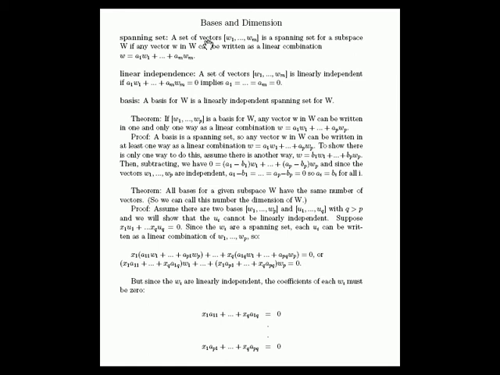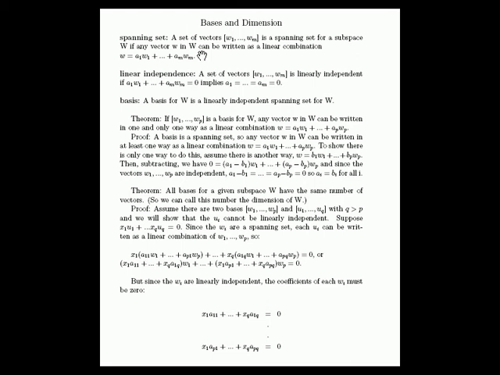Okay, to start with two definitions that we saw earlier: a spanning set for a subspace W is a set of vectors such that any vector in the space can be written as a linear combination of those vectors. And for example, any two non-parallel vectors in W, if W is the xy plane, that is the set of all vectors whose third component is 0, that's a two-dimensional subspace of R3.